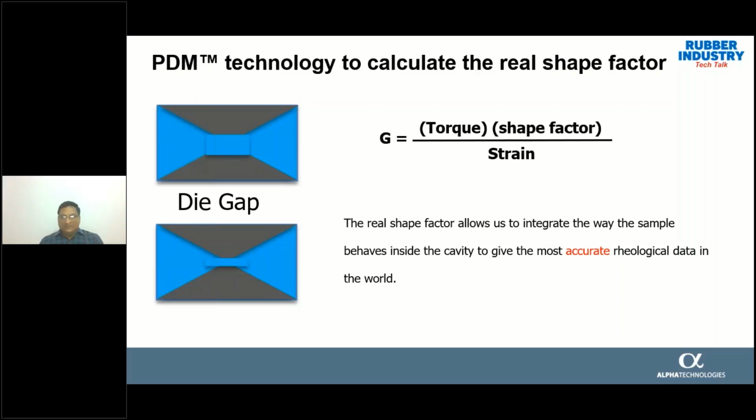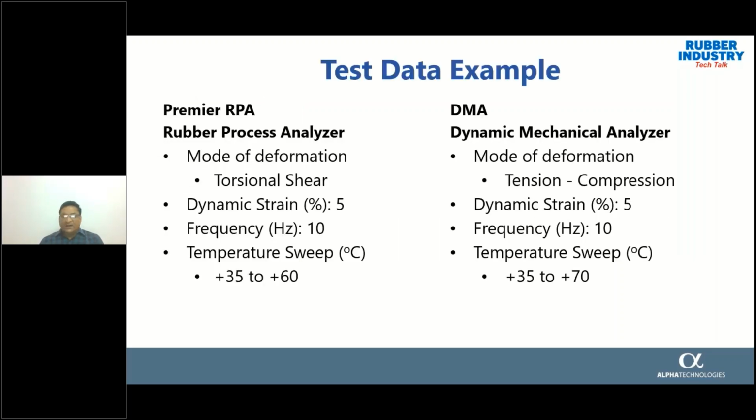Now I wish to show a test example from the Premier RPA and the DMA, that is rubber process analyzer and DMA. Here all the test conditions remain the same except the mode of deformation. In RPA, the mode of deformation is torsional shear, while in DMA it is tension compression.